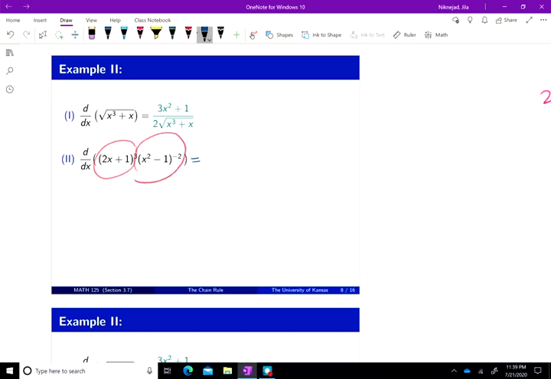So let's write the product rule first. And so derivative of the first factor times the second factor plus the first factor times the derivative of the second factor.